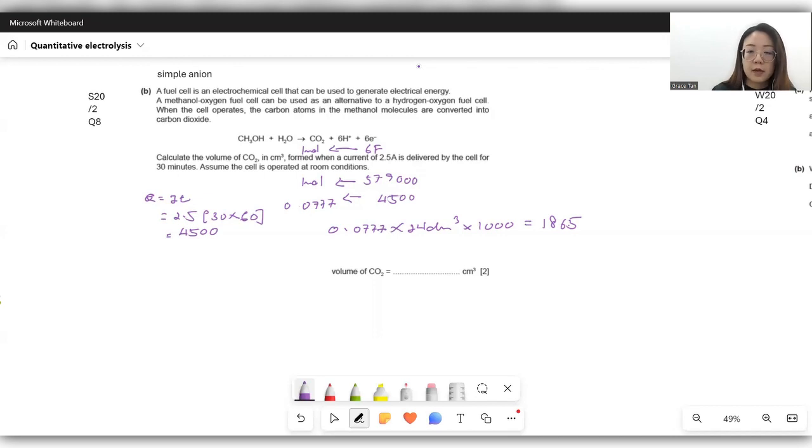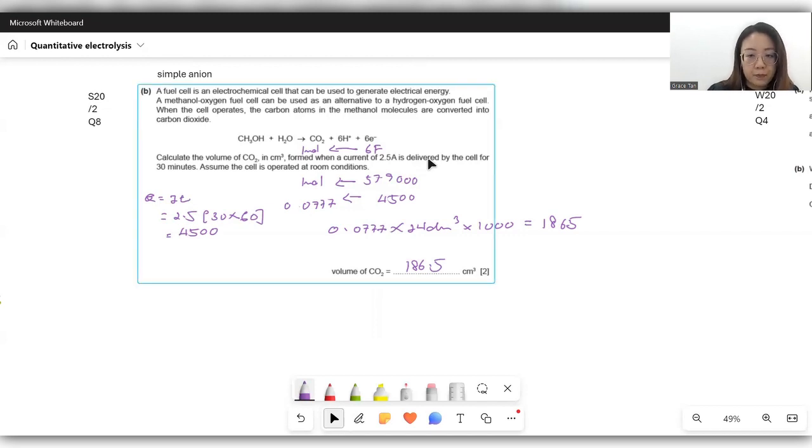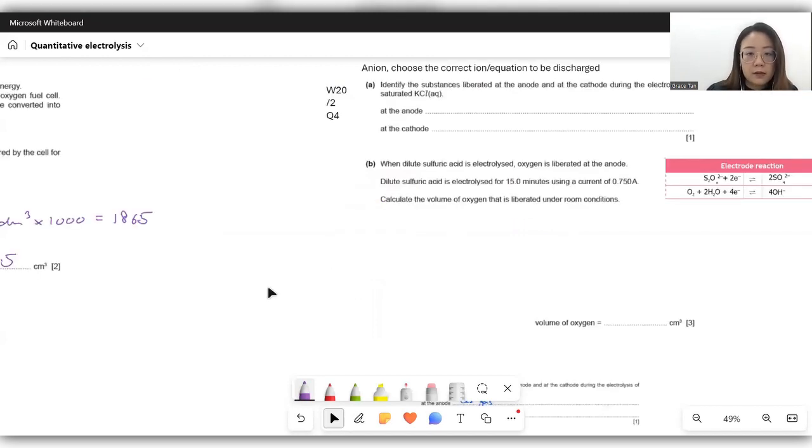Yes, that's correct. So 186.5 centimeter cube. All right, so that is a simple case here where they gave you the equation. Now let's look at a third example here.